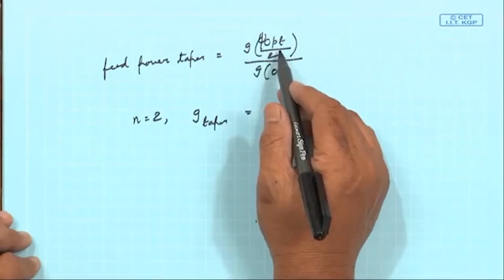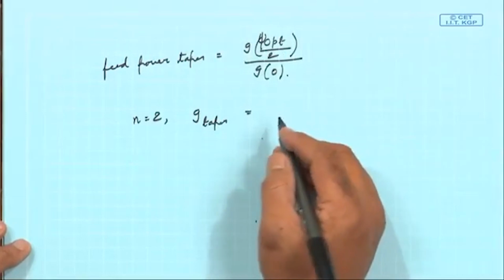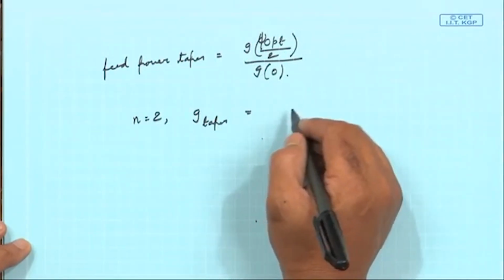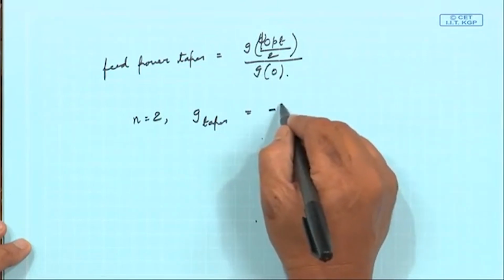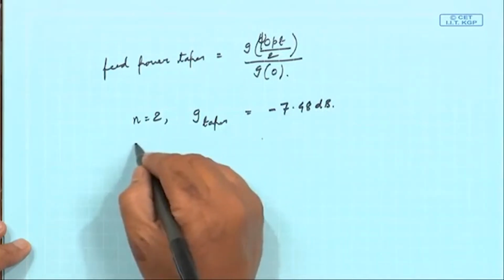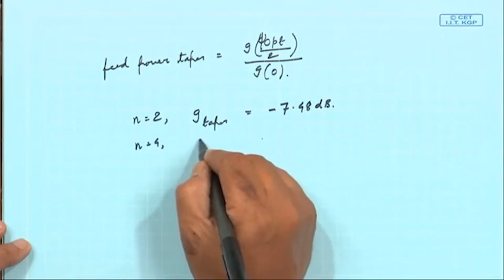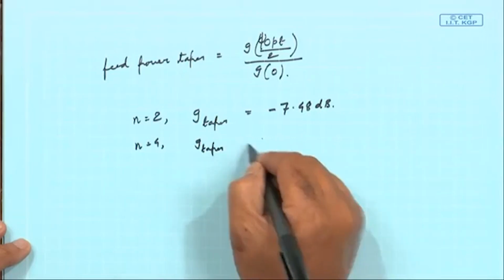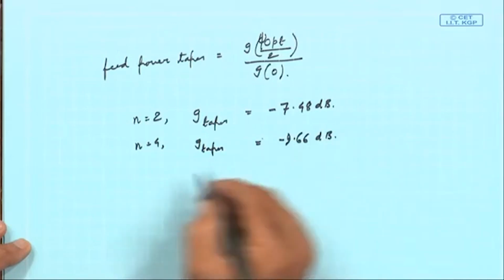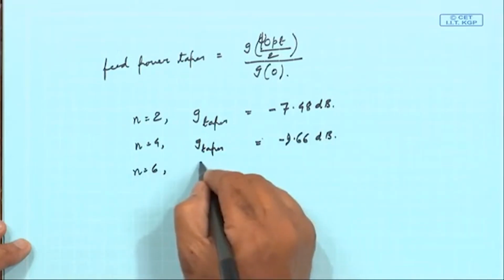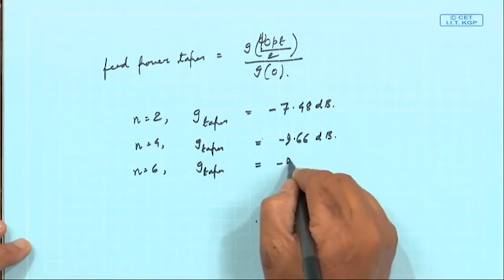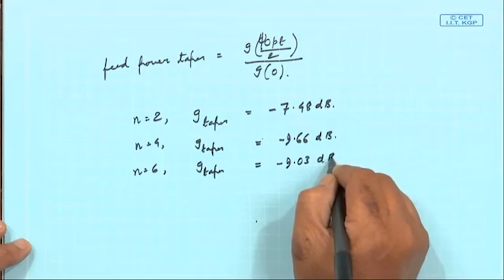So, G of 65, so you can put it, and please remember here it will be 10 log because it is a power pattern. So, this becomes minus 7.48 dB, n is equal to 4, G taper becomes minus 9.66 dB, n is equal to 6, G taper becomes minus 9.03 dB.